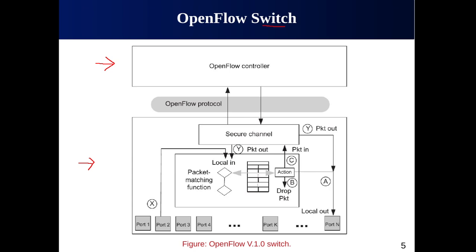However, before forwarding the packet, it is possible, and in some cases necessary, to make some modifications to the packets along the way. A unique aspect of the OpenFlow switch is embodied in the packet matching function as shown here. We have a packet matching function, and we have a table known as the flow table, which you are familiar with.